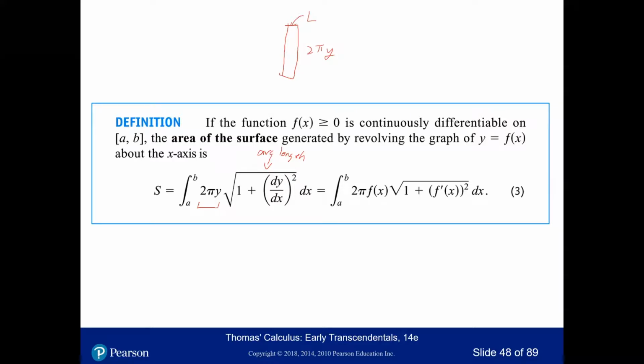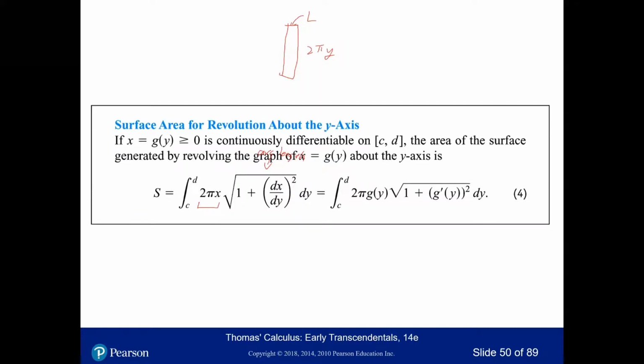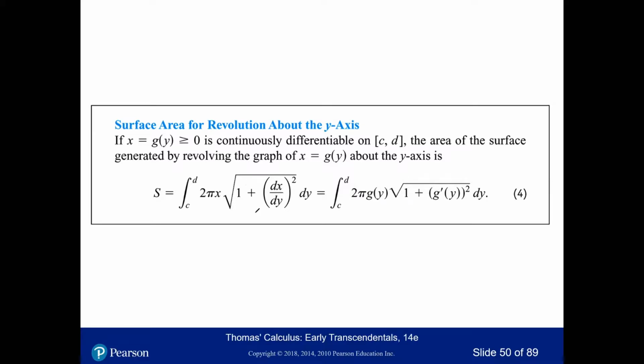Now, of course, we can also do the rotation in a different direction. For example, if we want to rotate it about the y-axis, then it's going to be a little different.